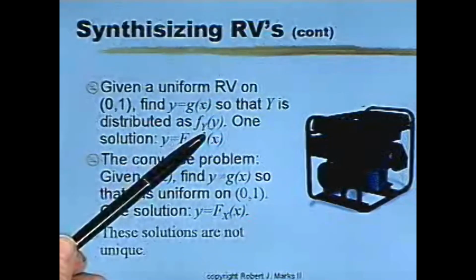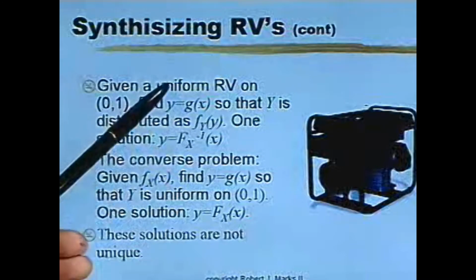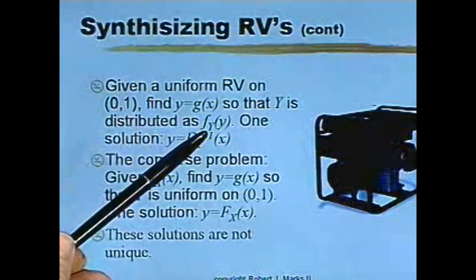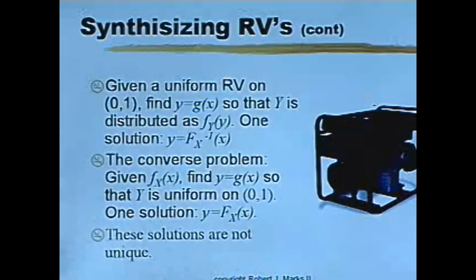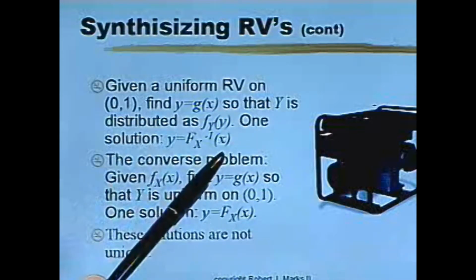So this might be an exponential, a gamma, a Cauchy, whatever. So we want to take a uniform random variable and transform it into a specified probability density function with a specified random variable. One of the solutions is y equals f sub x inverse of x.